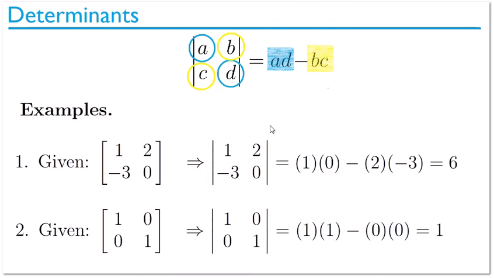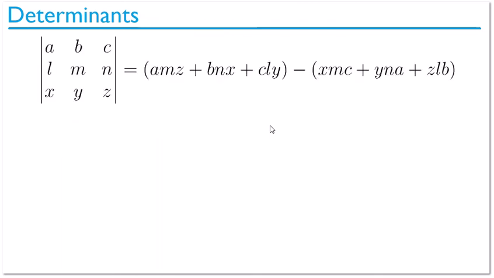Now let's move to 3 by 3 matrices. The determinant of a 3 by 3 matrix, where we label the entries in this way, is given by this formula. So how do we memorize this formula? For the first term, we get the product of the entries on the main diagonal.